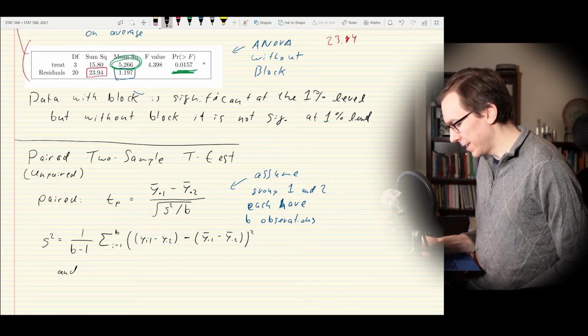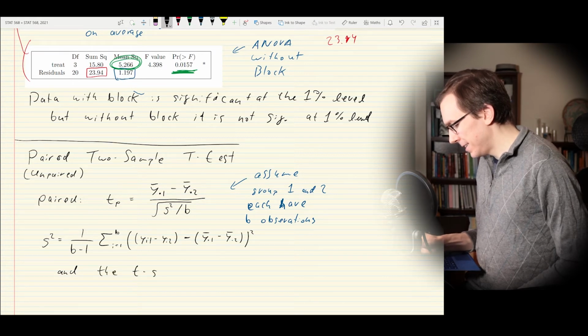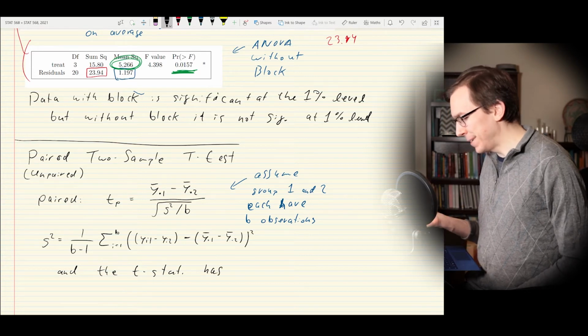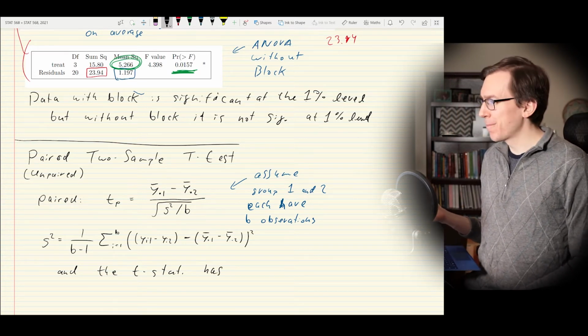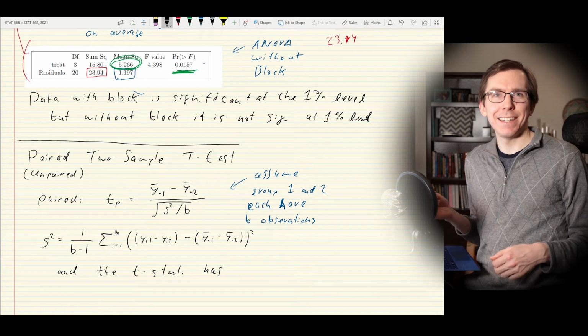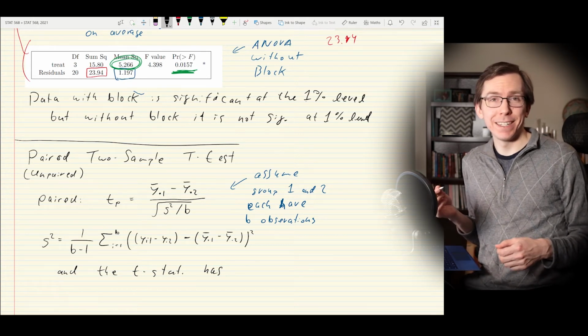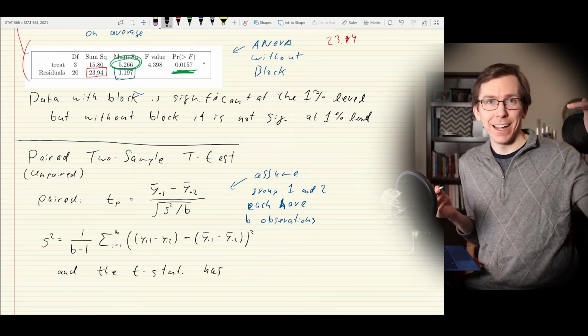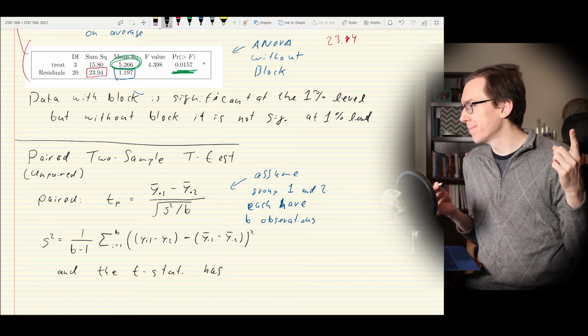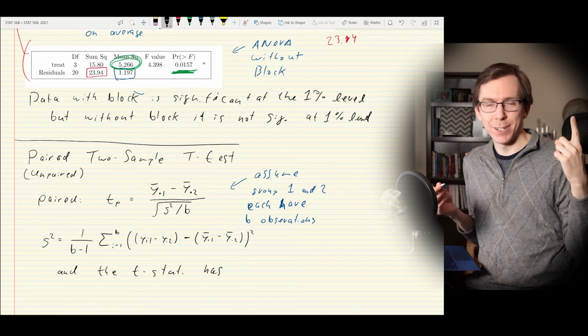I should say, the T statistic has, well, how many degrees of freedom should it have? If each of my blocks contains 2 treatments, then my treatment factor has 2 levels, which means I have 1 degree of freedom, 2 minus 1.